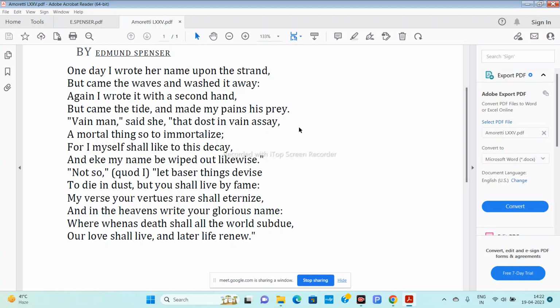So this conversation and this description happens in the first 8 lines.